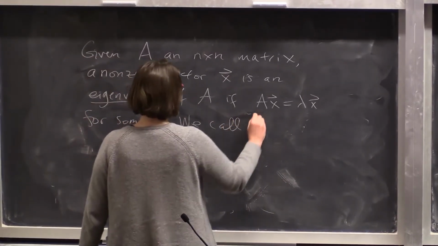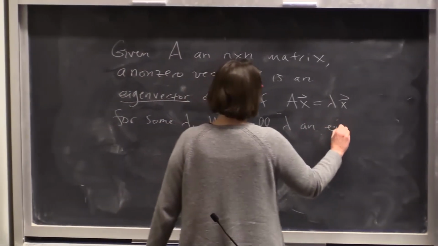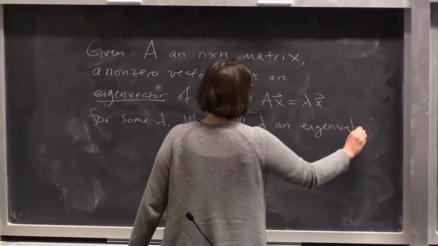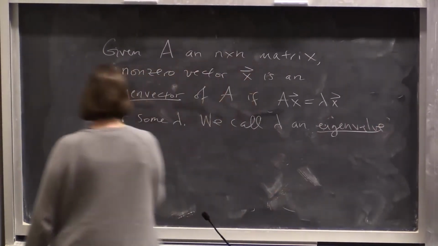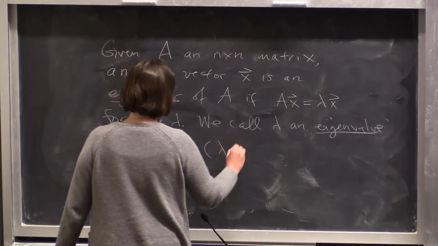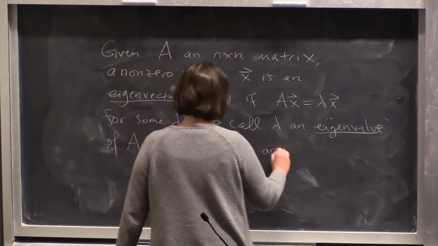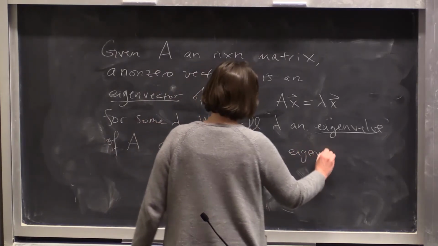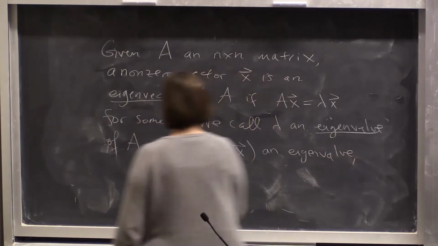We call lambda an eigenvalue of A, and lambda, x an eigenvalue-eigenvector pair.